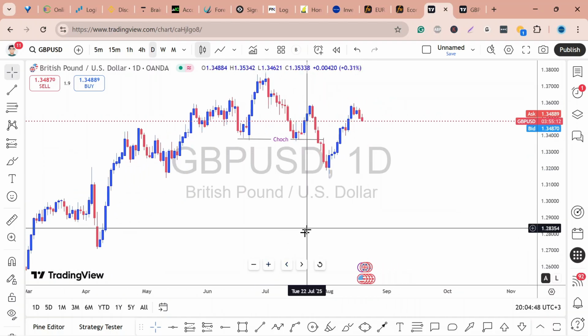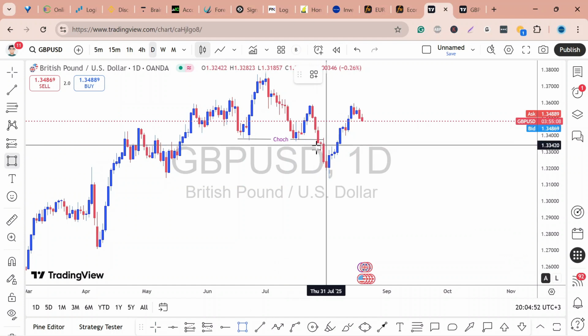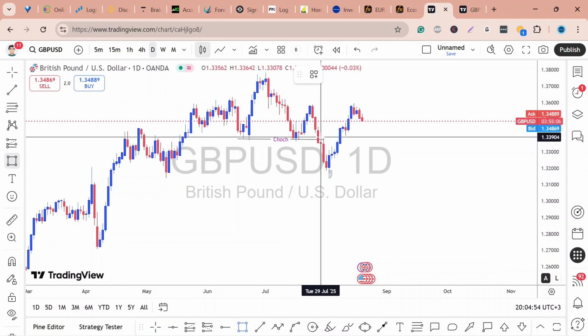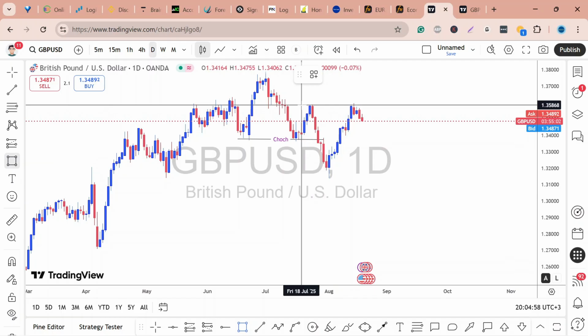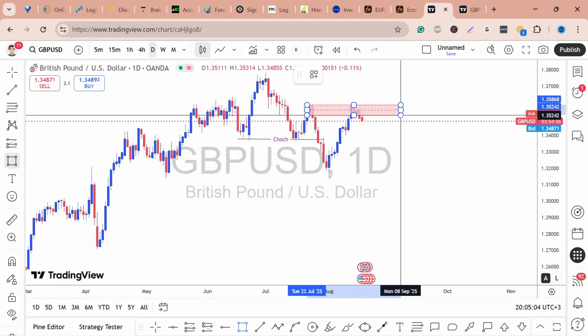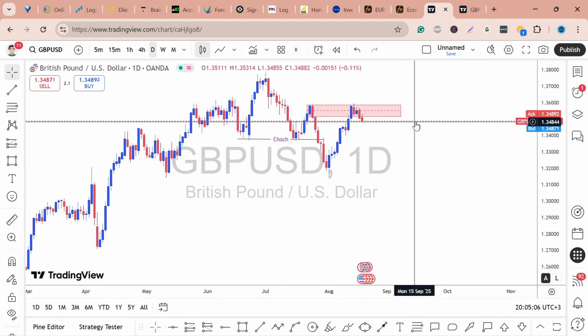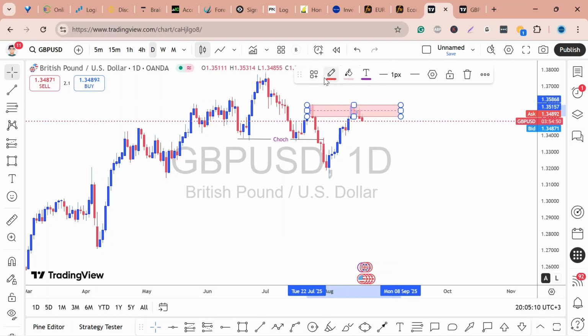Now, going to the higher time frame, where do you want to sell, or where do you want to position yourself in the market, so that you can take advantage of the downward direction the market is making? You want to go and identify your area of supply.